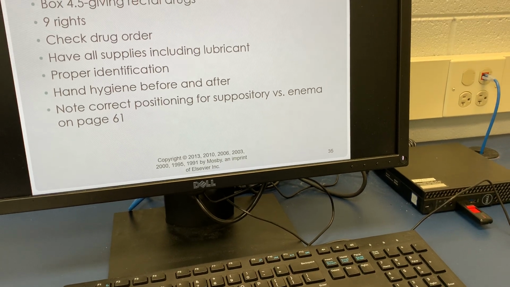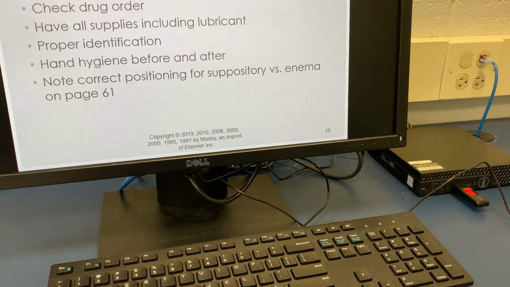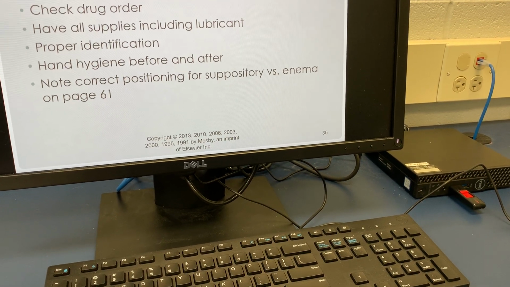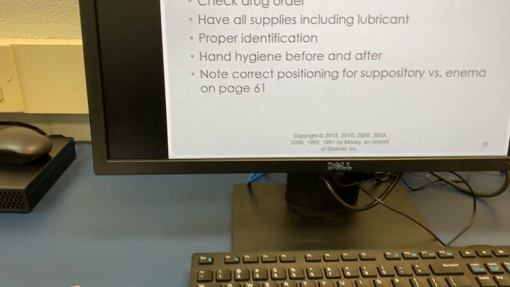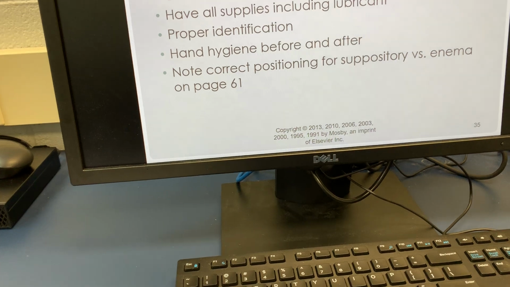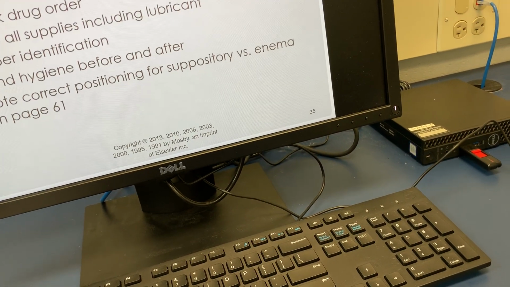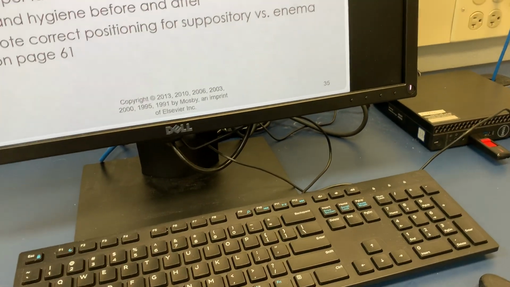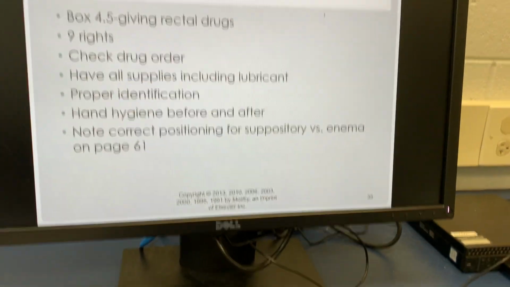If you give an enema, you want that water to run in and then you want it to run down. You want it to get as high up in the colon as you possibly can, and it's going to go by gravity. Take your book and turn it upside down. What do you see? If the person is lying on their right side, then that liquid has to go uphill. It's not going to happen. You want them on their left side to follow the natural anatomy. A suppository, it doesn't really matter.